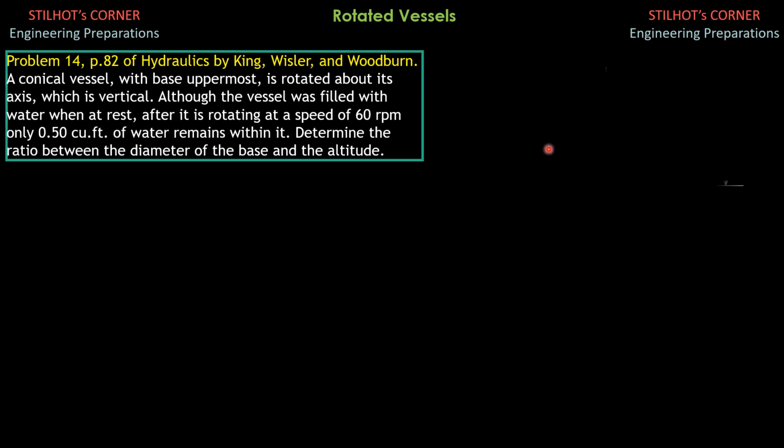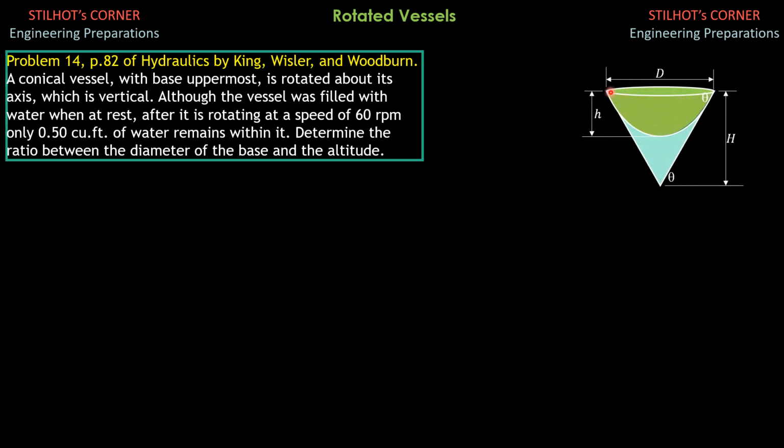So let's have the figure. We will call the diameter of the base capital D and the altitude big H. This is the surface formed, and this is also the equivalent volume of water that will be spilled.